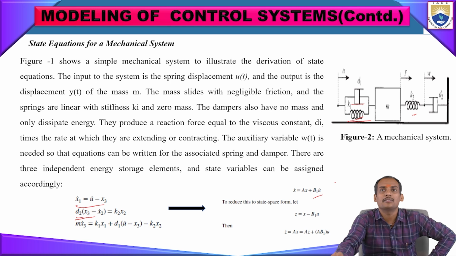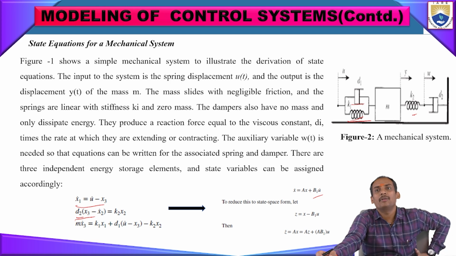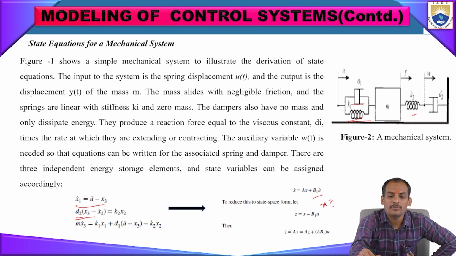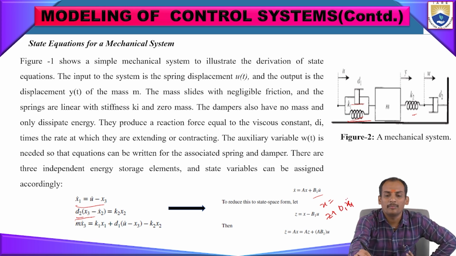x dot equals Ax plus B1 u dot, and further we can reduce it by taking z equal to x minus B1 u. Then z dot will be Ax, which equals Az plus AB1 u, since x equals z plus B1 u. If you substitute that, we get z dot equal to Az plus AB1 u.